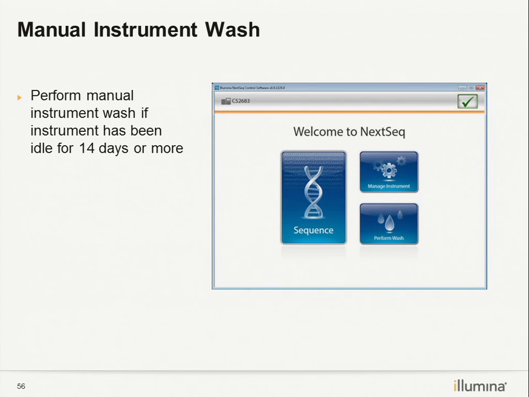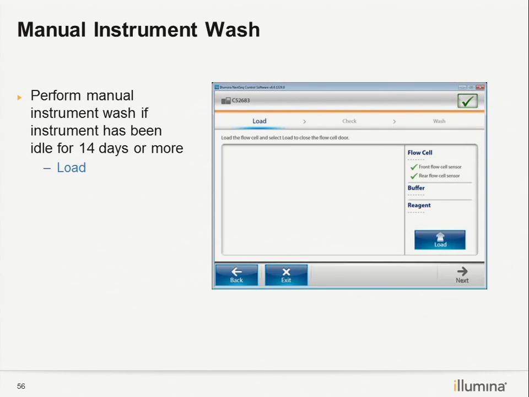And also, a manual wash is required every 14 days. Okay. To perform a manual wash, you just click perform wash, and then it will ask you to load and use the flow cell to wash. So we need to use a flow cell to perform the wash, or with the instrument we have a wash flow cell that comes along with the instrument.